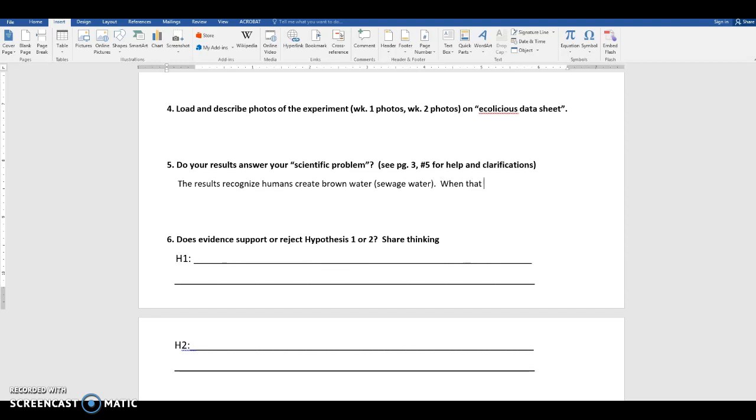When the brown water, and this is our independent variable, I'm going to put IV for short just to save time.